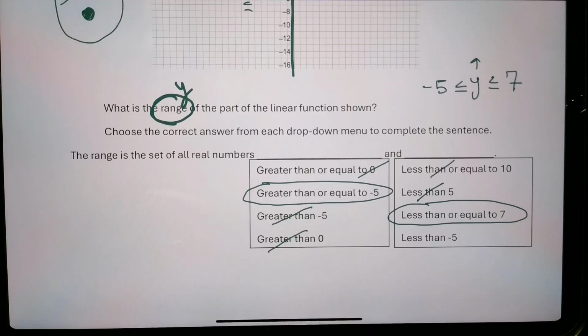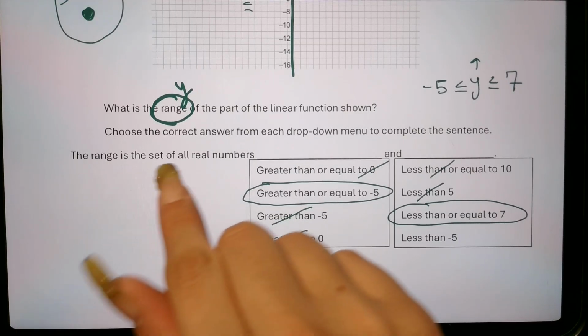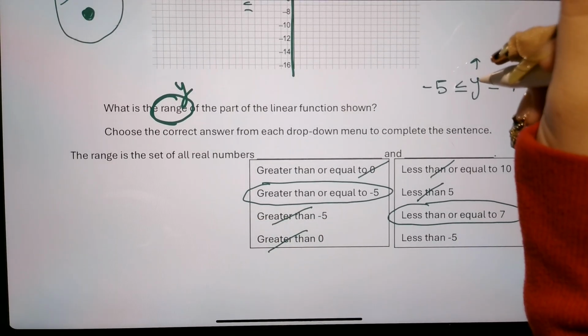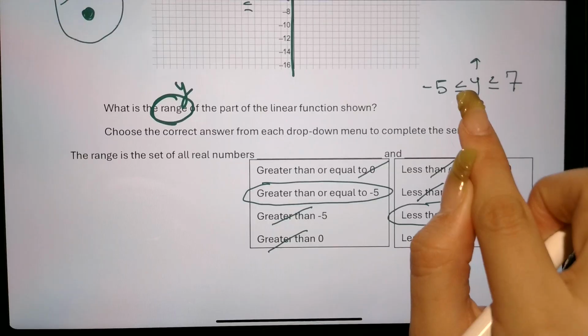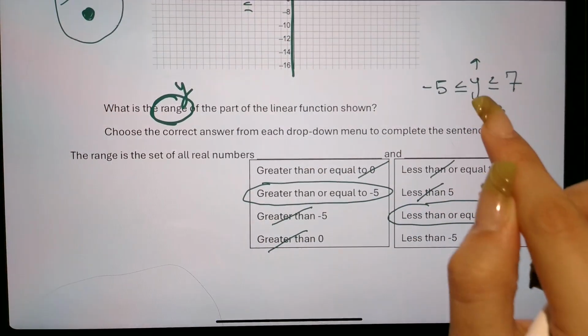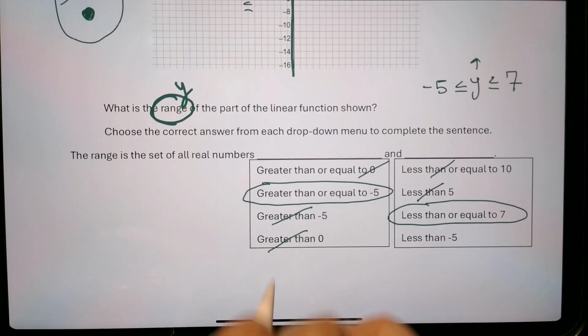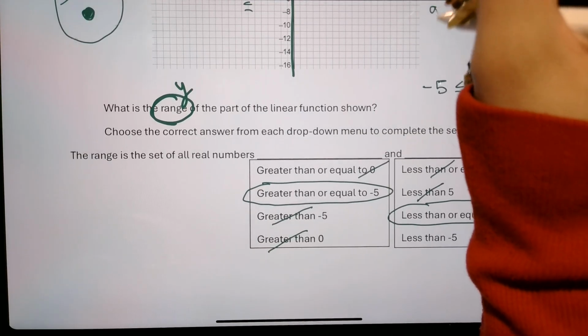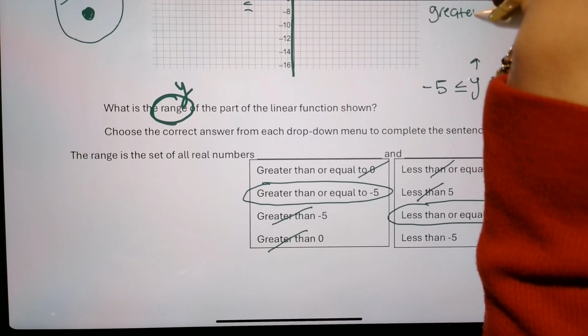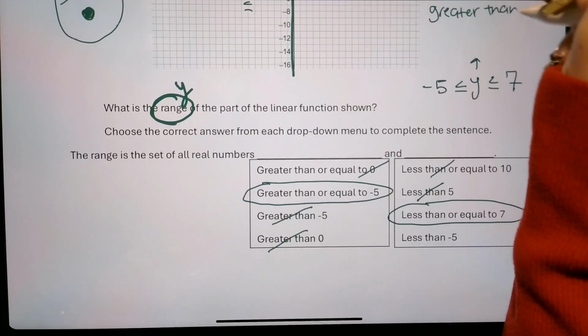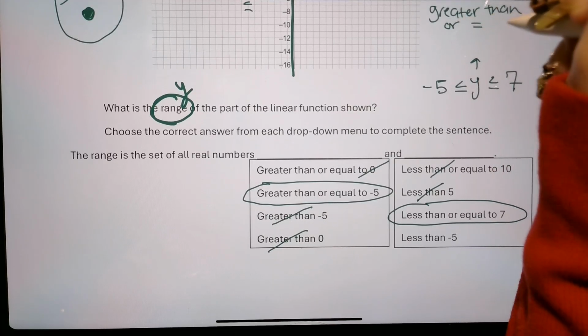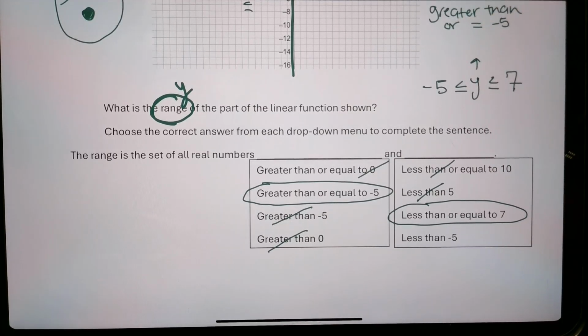We're always talking about the y, right? Because it's the range. So y is greater than or equal to -5, which is what we got right here. So I would write that on my paper if I had my little testing paper. Greater than or equal to -5.